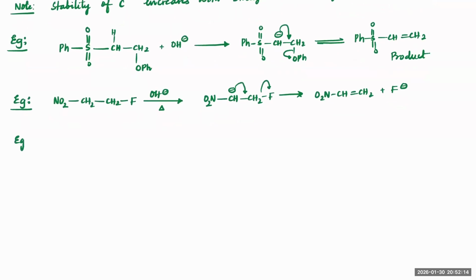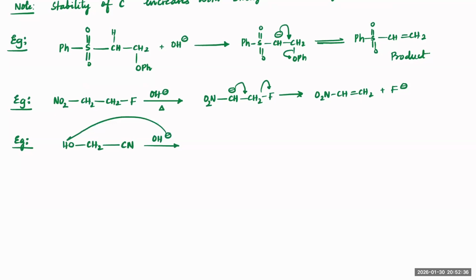Now, does the gamma position always have to be like this? Well, not necessary. For example, if you have something like CH2 and then there is an OH group here and then it is connected with cyanide, for example, and I'm treating this with, let's say, OH minus. Now, what happens?